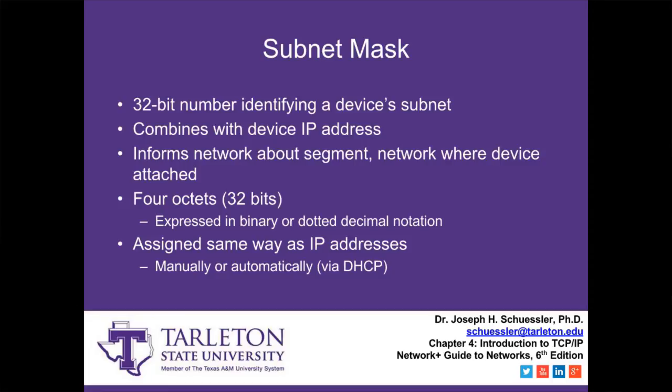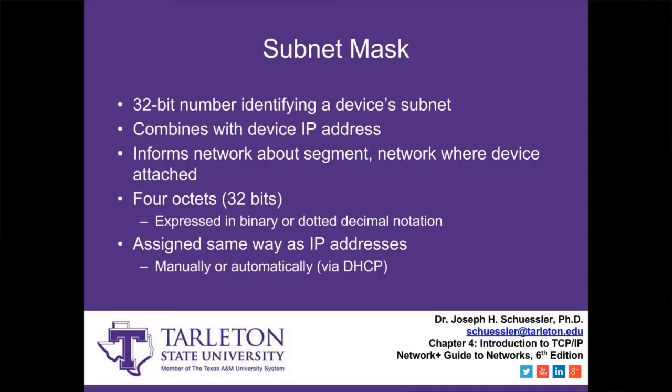One of the other important parts of our configuration is not just the IP address, but also the subnet mask. And why is the subnet mask important? Well, it tells us which part of the IP address refers to the network versus which part refers to the specific client that we're working on. It looks a lot like an IP address. It's a 32-bit number identifying the device's subnet.